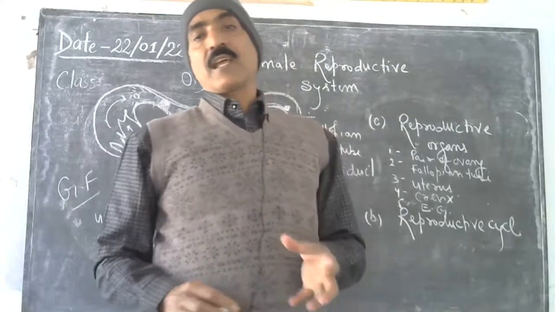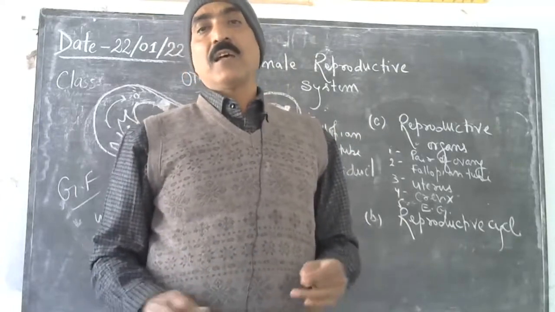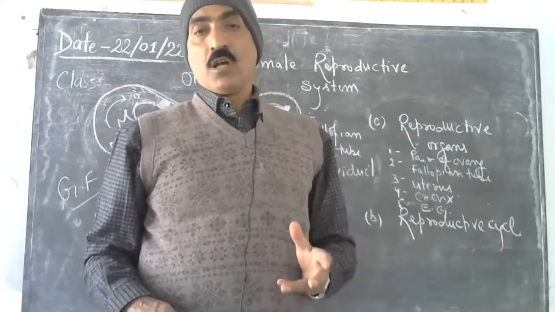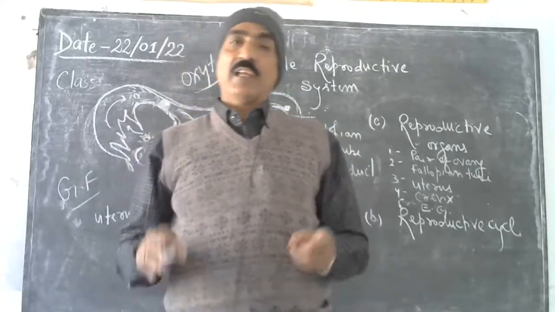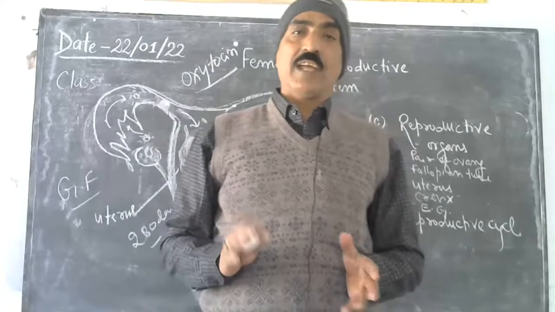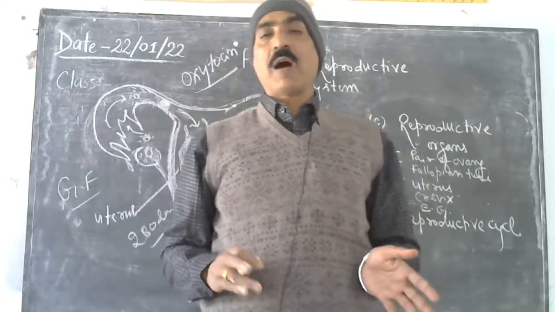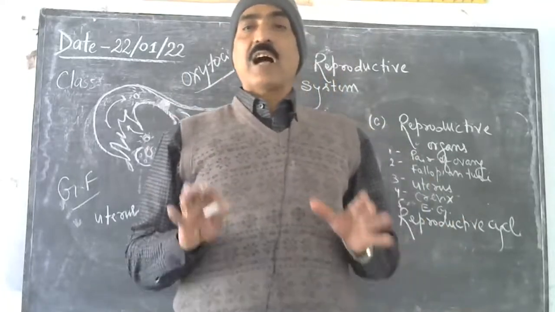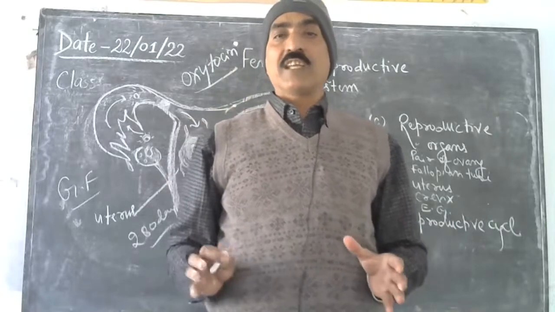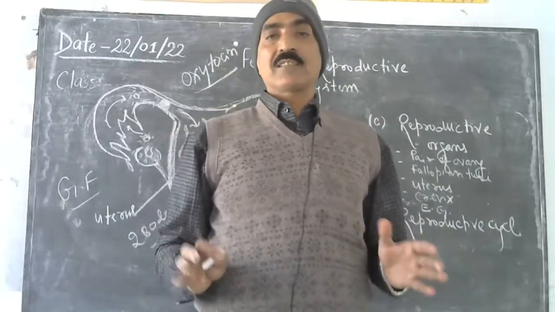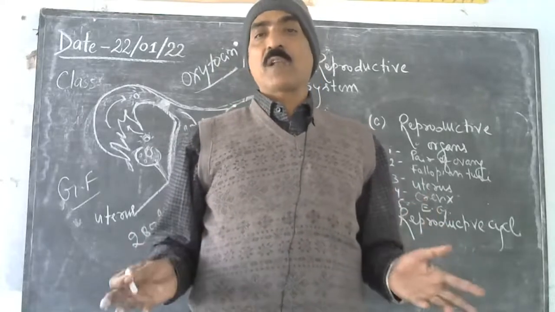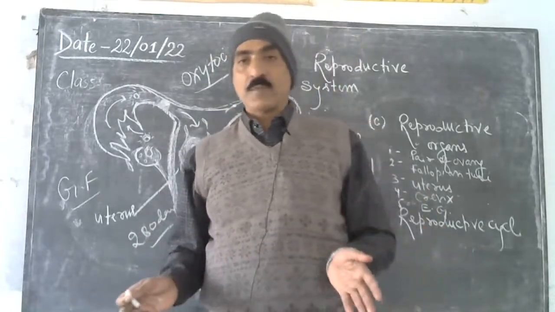Children, the thing remaining in the chapter is birth control. Seeing the explosive population growth in India, in 1951 a plan came from the central government to curb the population growth in the country, so that our countrymen may get proper nourishment, proper space, and proper facility in all sectors.